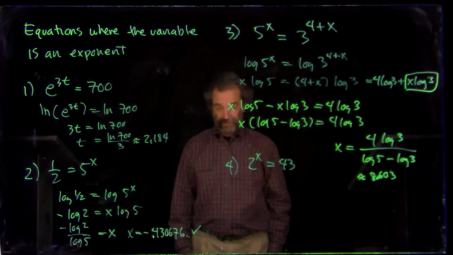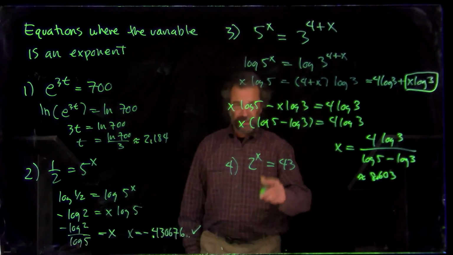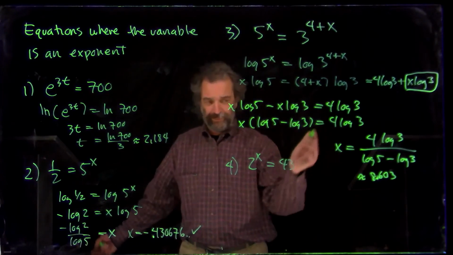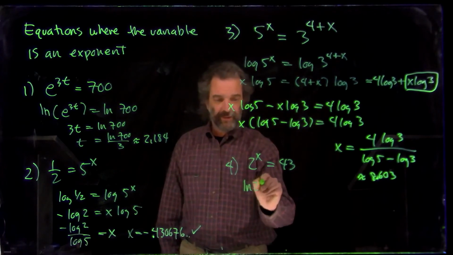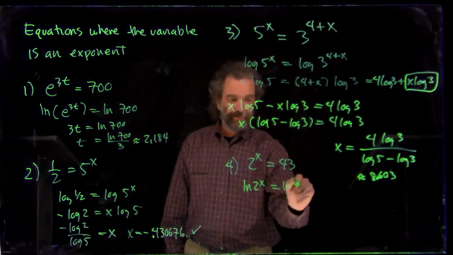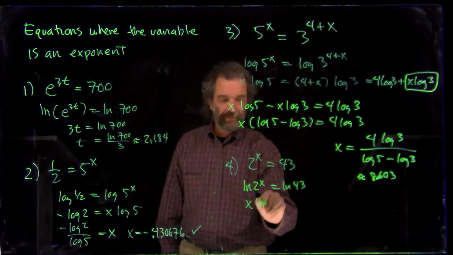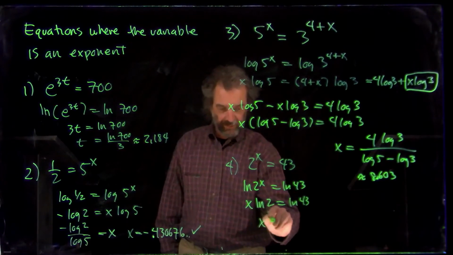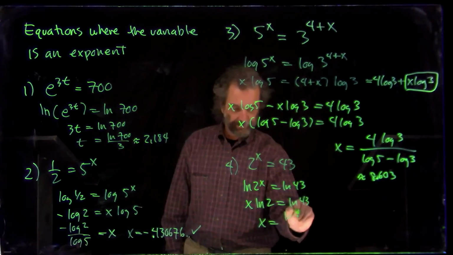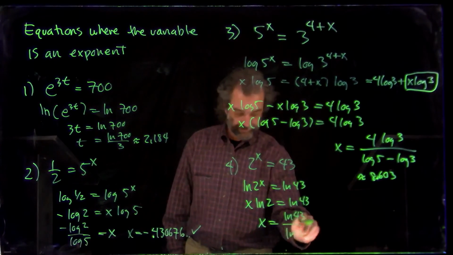And finally, we've got 2 to the x is 43. I'll just pick up common logs. Actually, let's try natural log. Natural log 2 to the x, natural log 43, x log 2 is log 43. x is log of 43 over log 2.